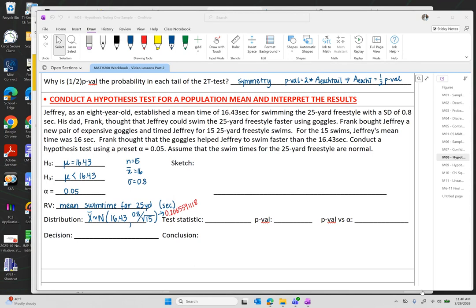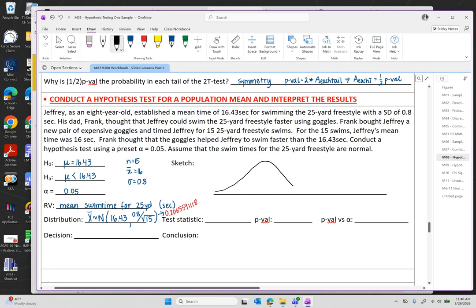So my first step here would be to actually sketch the normal distribution of the sample means. Let me actually try to make it a little wider since I have the space. There we go. So the variable here is the sample mean time to swim a 25-yard lap in seconds.